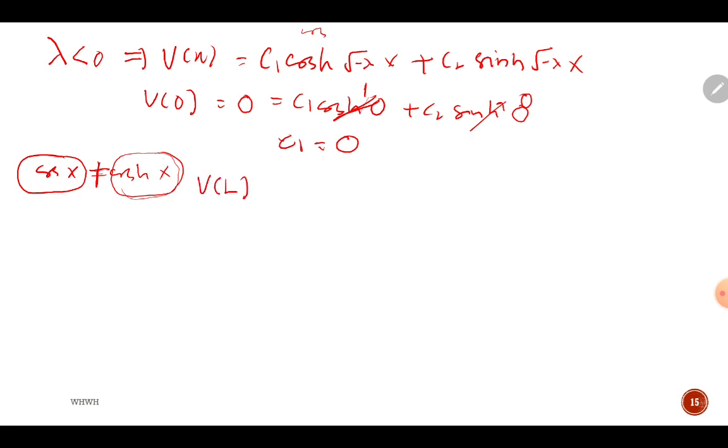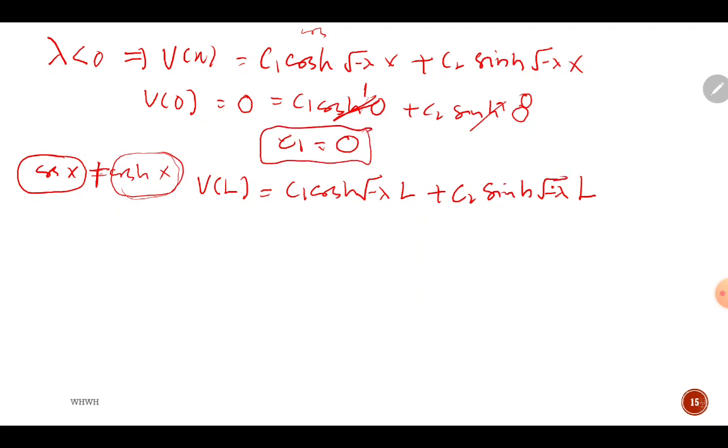Then now kita ganti for VL, kita dapat C1 cosh root of minus lambda L plus C2 sinh root of minus lambda L. And we have the knowledge that C1 is equals to 0. Again, yang ni kosong. Then this one is equals to 0.